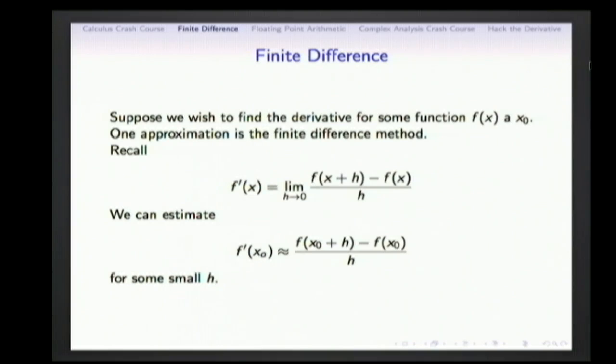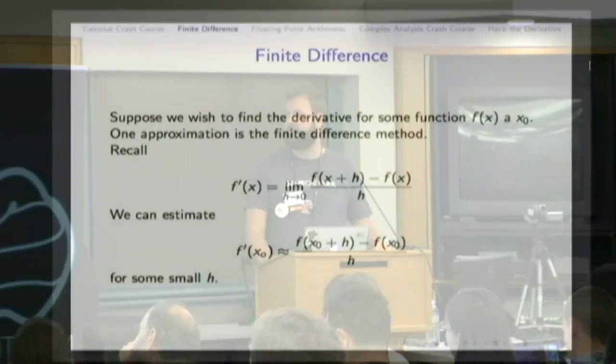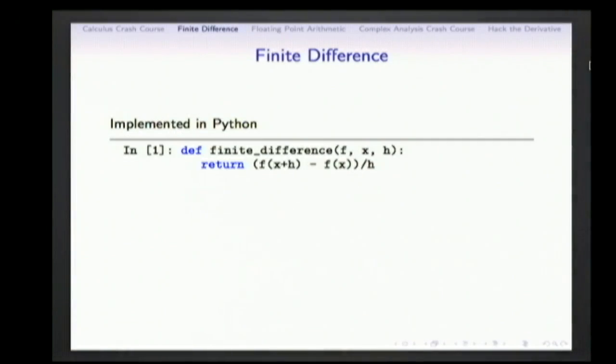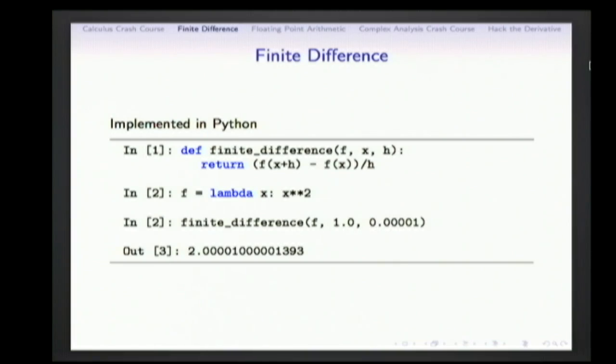We can't let h equal 0 because we can't divide by 0, so we take some small value, a very small step, and say that's probably pretty close. This is pretty easy to implement in Python. It looks like this; we have to give it an h. We can define our x squared function and ask what's the derivative at 1, and when we put in a really small value we get some zeros, and it looks pretty good.